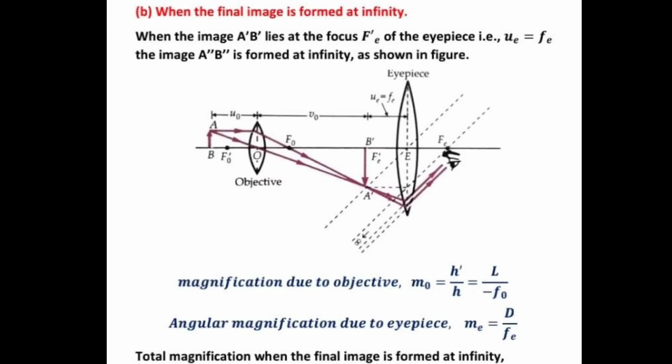And then the total magnification by using the formula m is equal to m naught into me. Just put the values, we get the final expression minus Ld divided by fo fe. So obviously it is clear the magnifying power of a compound microscope is large when both fo and fe are small, because they vary inversely with each other.